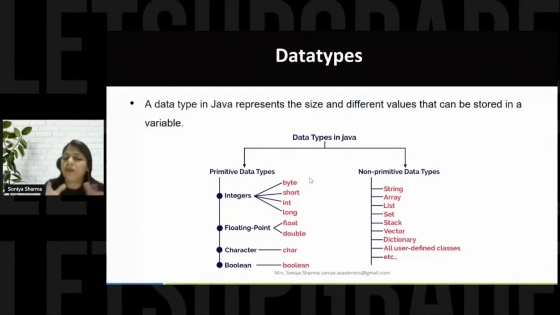Primitive data types means the data types which are given by Java and which can hold the value. Non-primitive data types are the ones which are created by the developer, and which hold the reference to the object. So accordingly it is segregated. You can see it in any other programming language.